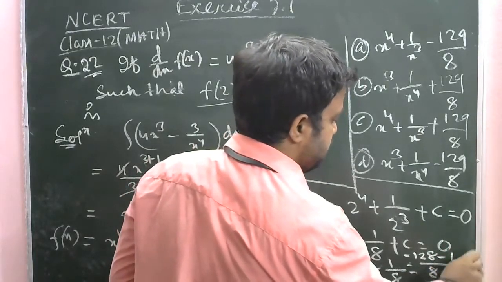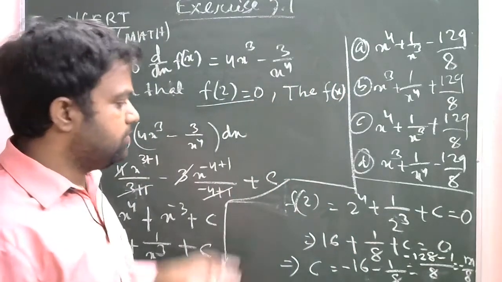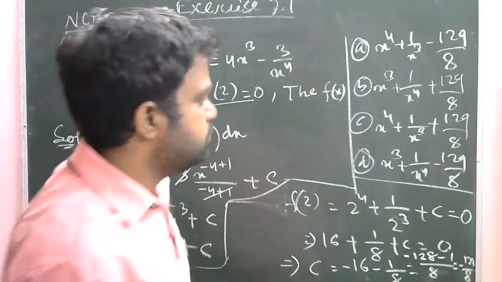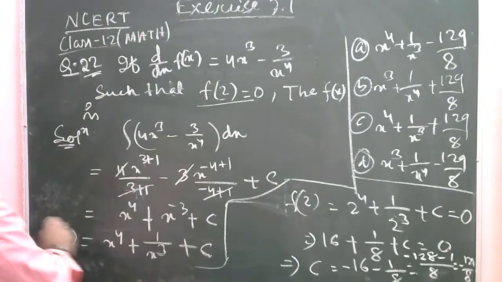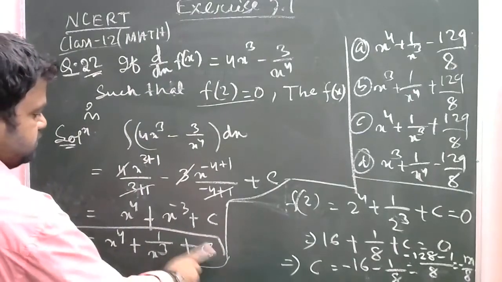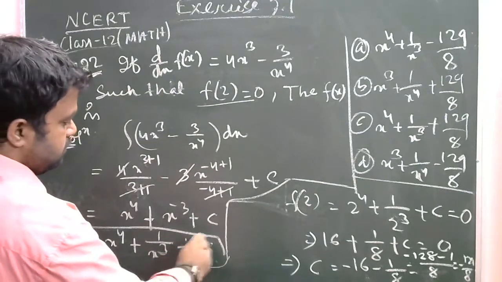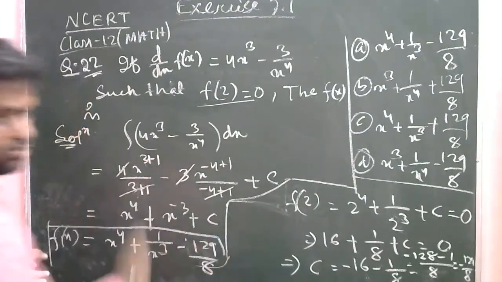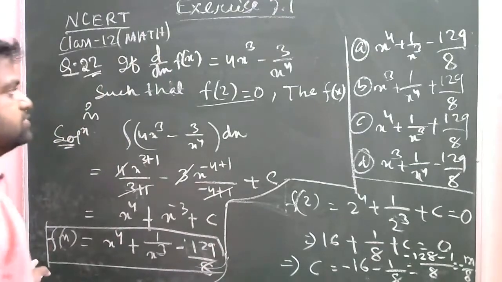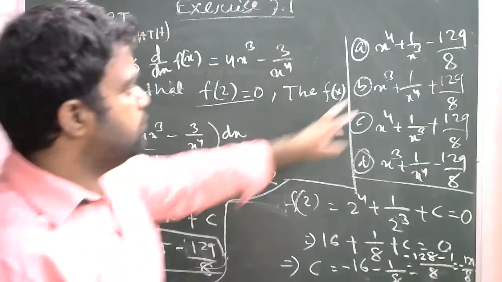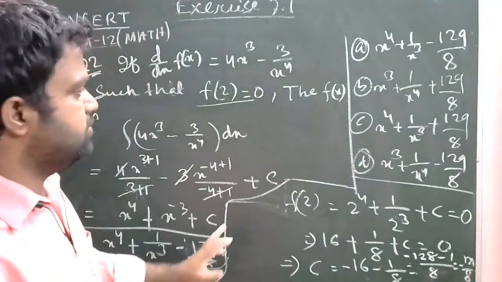Minus 129 by 8. What is the value? Minus 129 by 8. So what is your final function? Just remove C and write what we got, minus 129 by 8. Done. This is your answer, f of x: x⁴ plus 1 upon x³ minus 129 by 8. The first one is correct.